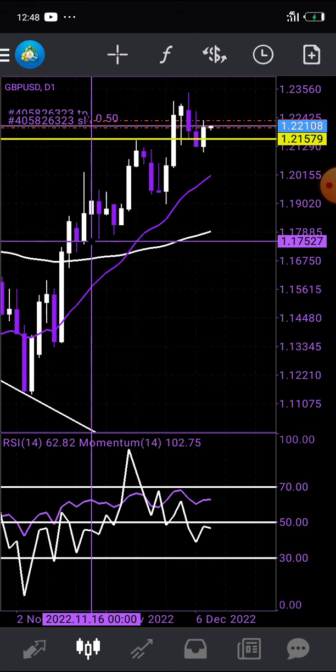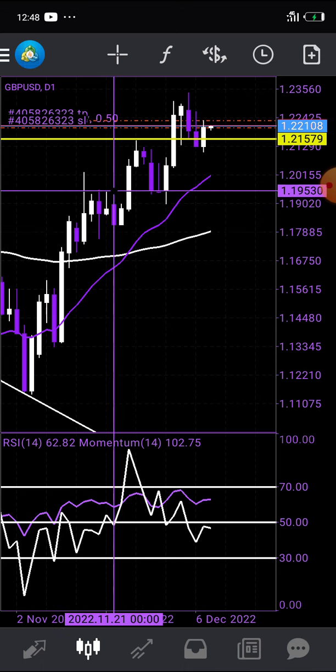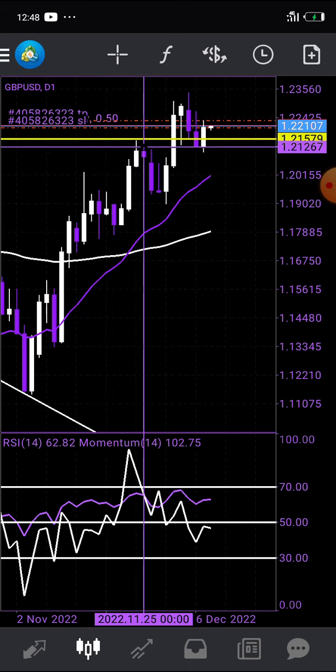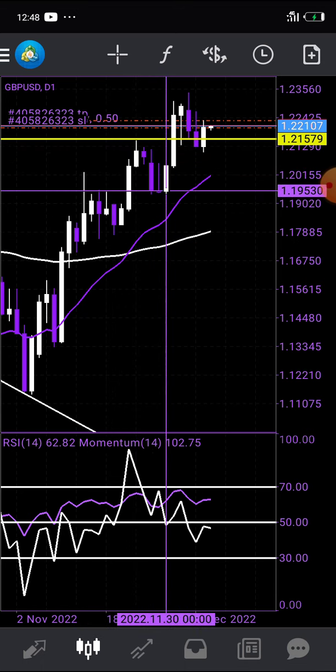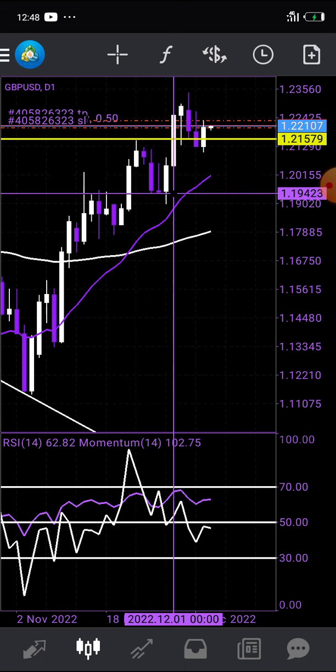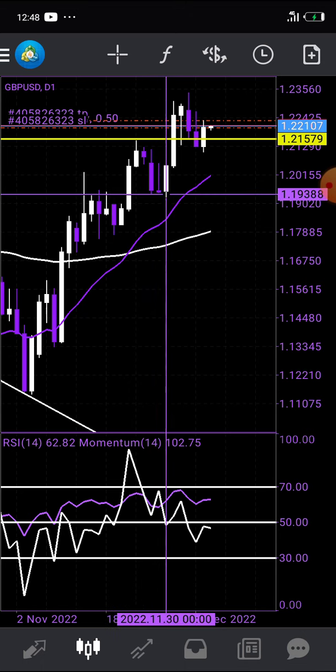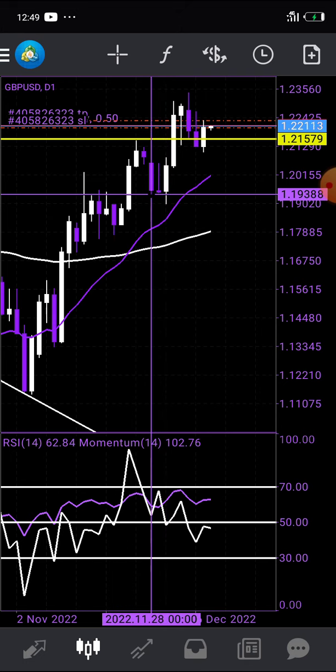When you create a new resistance, which is a new swing high, always wait for price to break out of it and then come back to retest it before you get in on a trade. When you have 2 or 3 confluences, that is when you're confident enough to enter a trade, and then you ride it for 20 pips or whichever your choice is.